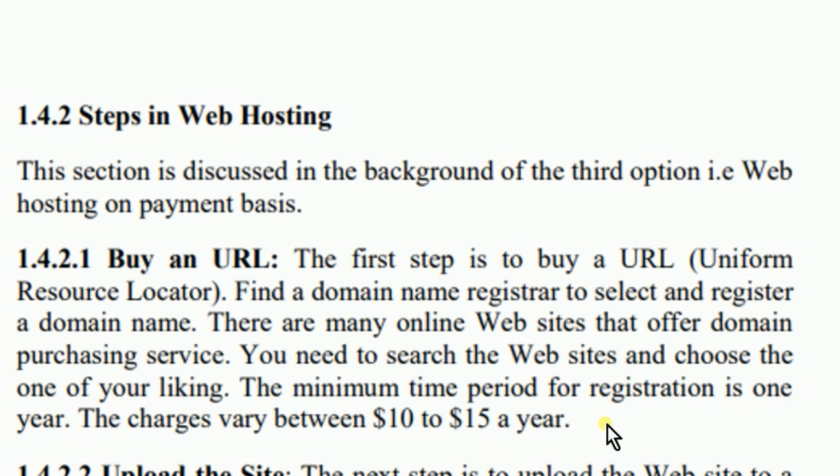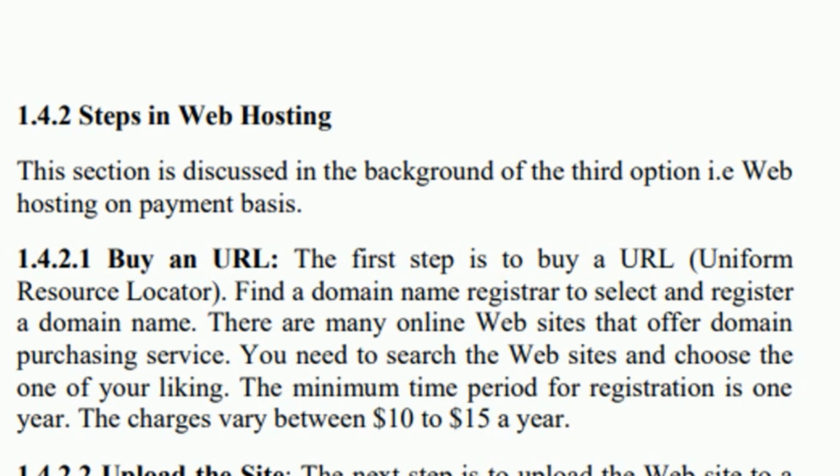The charges vary between $10 to $15 a year. $10 means it may be 500 to 700 rupees per year. But if you purchase it for 5 years, the price may be less, maybe 350 or 400 rupees yearly.